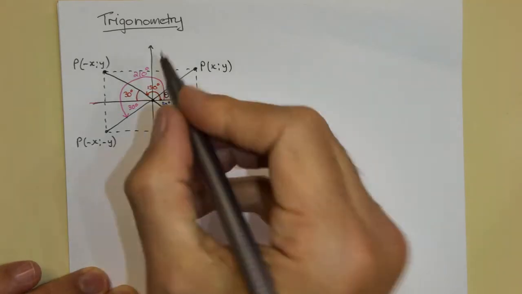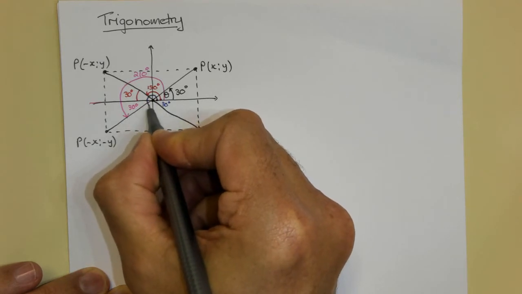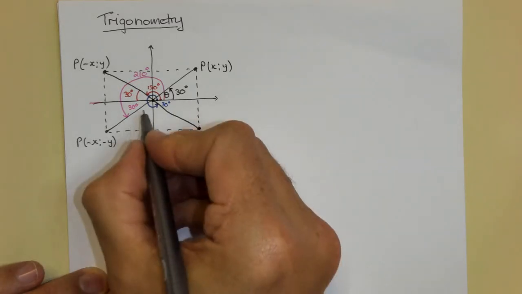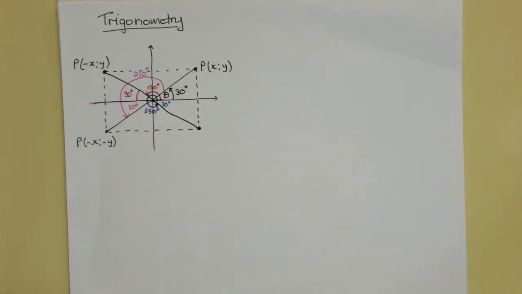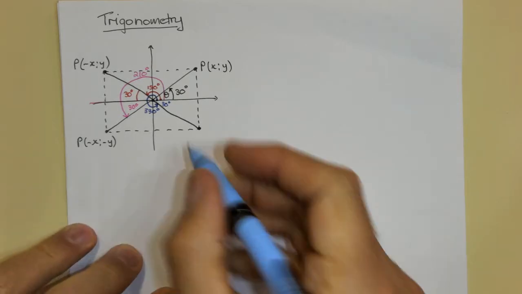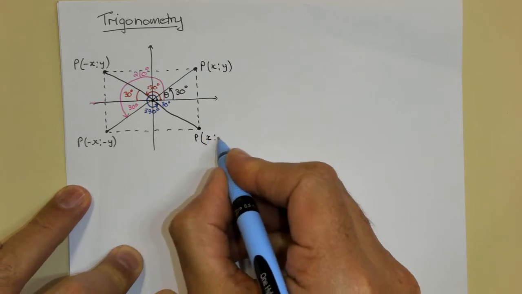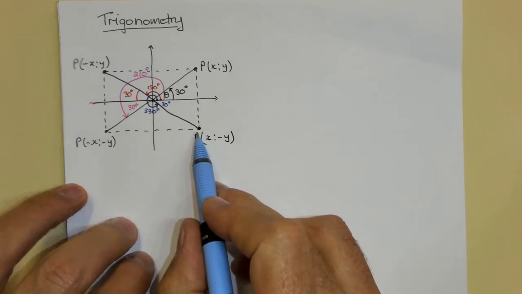But remember, it is starting here, I go 180, 270, and I end at that point there. So that blue angle will be 330 degrees. Now that is exactly what we're going to do if we start talking about horizontal reduction formulae. Okay, the point P over here will have the same x value and the y value will be a negative. Okay, so let's see how this now plays out.